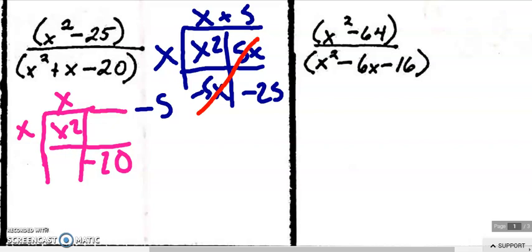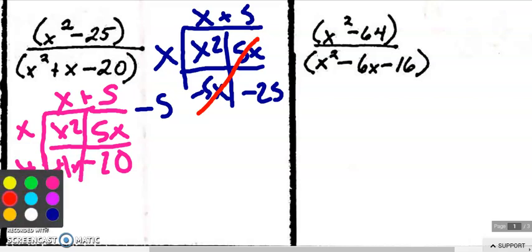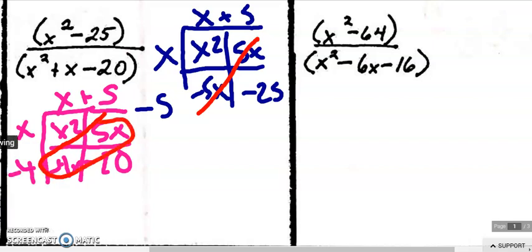So we'll probably want a minus 4 and a plus 5. So 5 and x make 5x, negative 4 and x make negative 4x. And if I add these together, 5 minus 4 is positive x, so we've got it set up correctly.